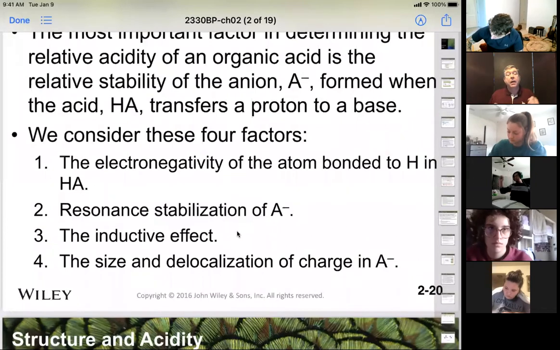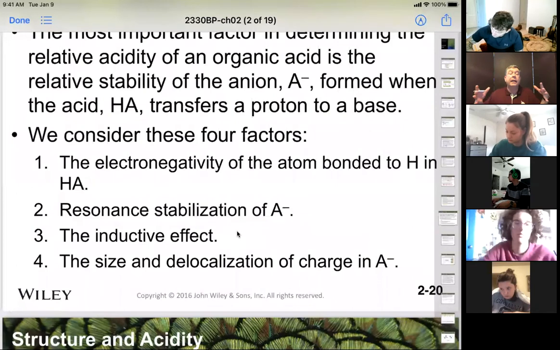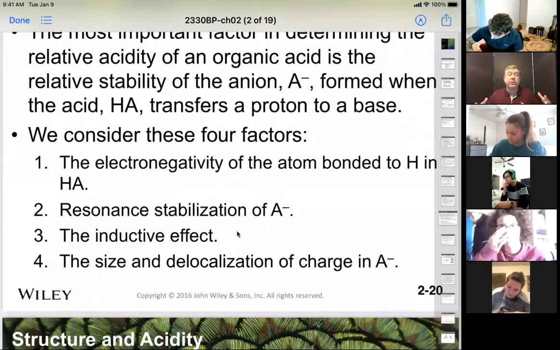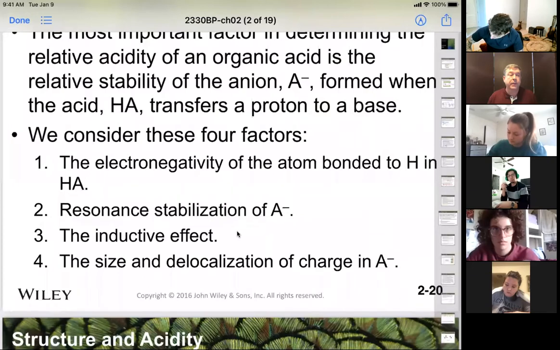By that I mean big fluffy ions like iodine spread that negative charge out over a greater area than a small ion like fluorine. So even though fluorine is more electronegative than iodine, iodine's bigger. And that size and delocalization of that negative charge makes it more acidic. Okay, so we'll dig a little bit deeper into that as we go.